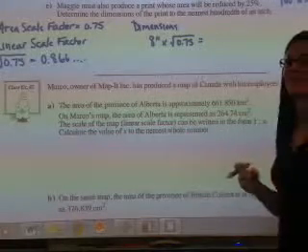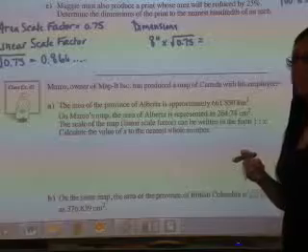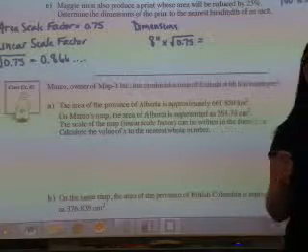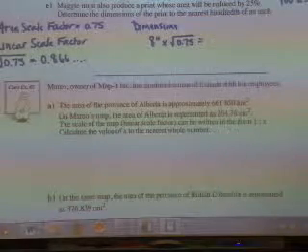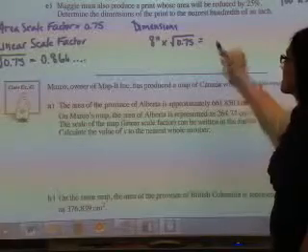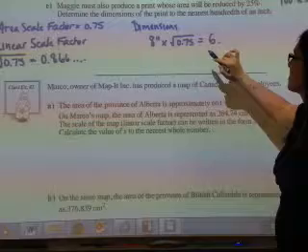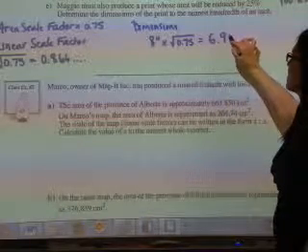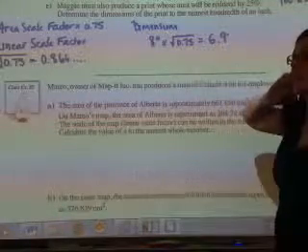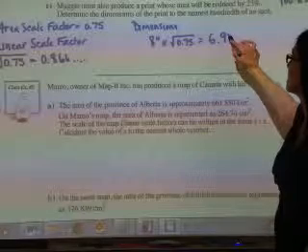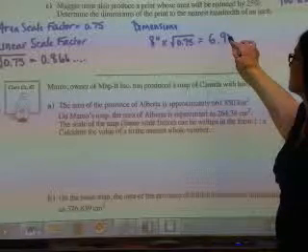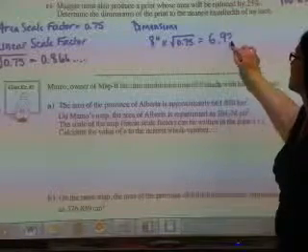And what do I get when I go 8 times the square root of 0.75? You get 6.928203. Okay, so to the nearest hundredth would be 2 decimal places. 6.93.